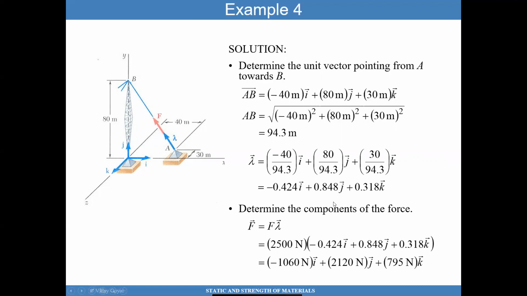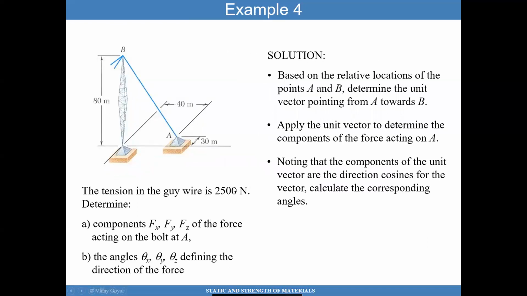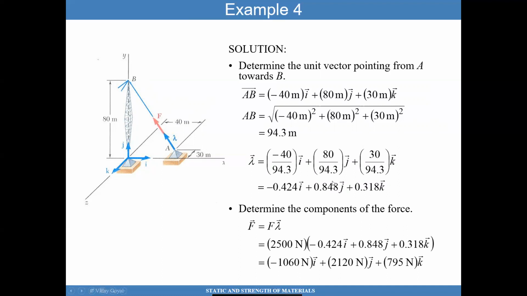And now to determine the components of that force along the three directions X, Y, and Z, I know the magnitude is 2,500 newtons because it was provided in the problem statement right here. And so I'll just multiply 2,500 times this unit vector to get the components of that force along the three different axes.